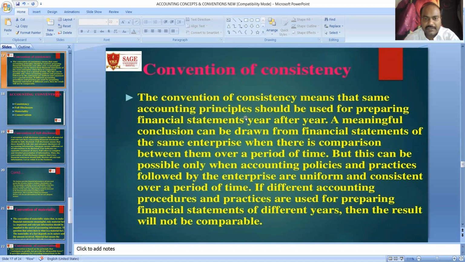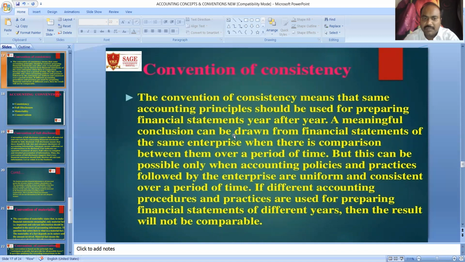Because every year when we are preparing these financial statements, we can know how the business is, how the liabilities are developing, and how the assets are to be developed. Because when we increase the assets, only then will we have the repayable capacity of liabilities. But this can be possible only when accounting policies and practices followed by the enterprise are uniform and consistent over a period of time.